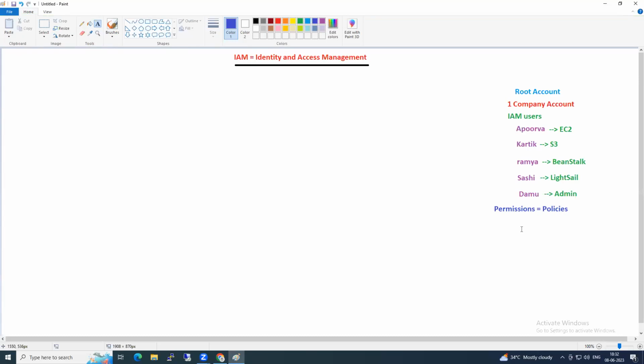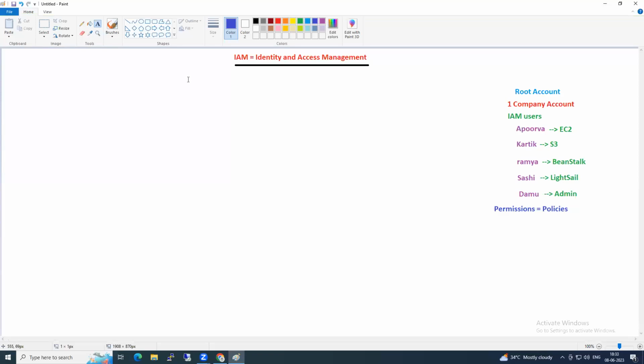So can we say that using IAM, you can control the entire AWS by giving the proper permissions to the IAM users? Who can do what, we can control it. Yes.